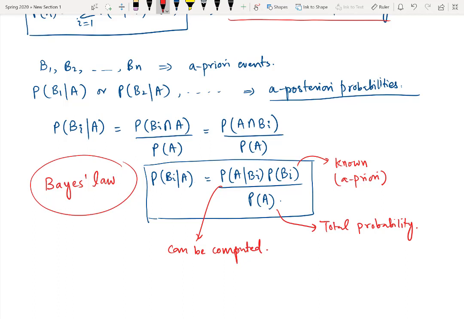This is a very significant implication of Bayes' theorem.